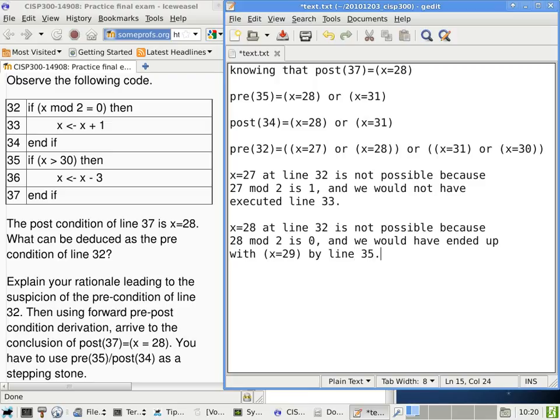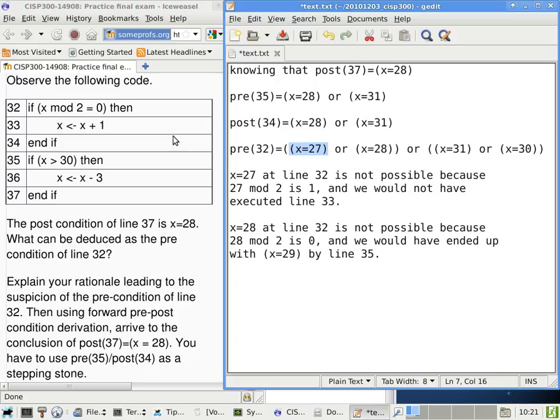Very good. Why is 27 not possible and 31 is possible? 31 is possible because, if x is 31, we would have skipped line 33. So by the time we get to line 35, x would still be 31. Well, we would do the same thing with 27, because 31 mod 2 is 1, and 27 mod 2 is 1.